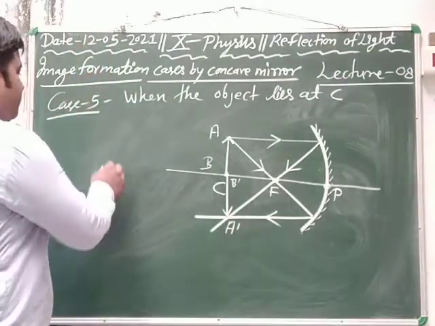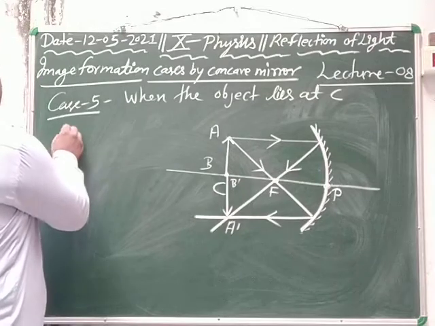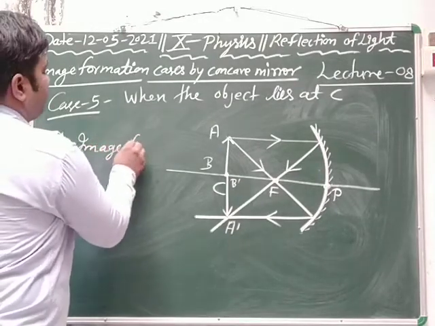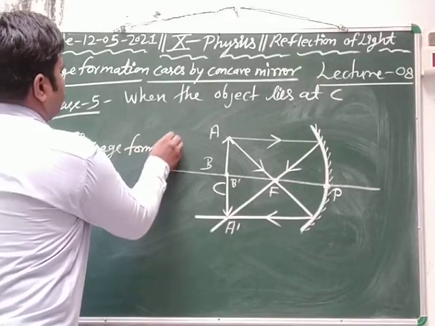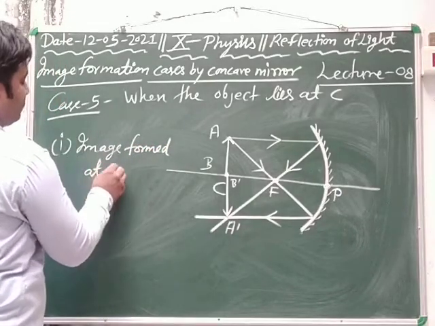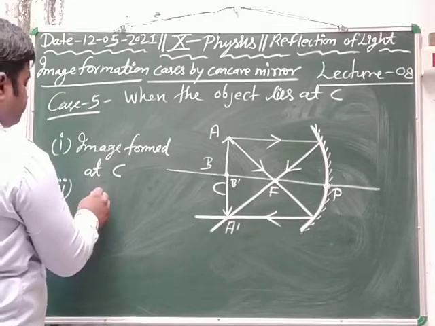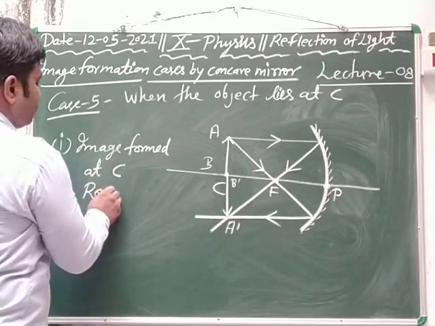Let's say first, image found at C. Second, real and inverted.